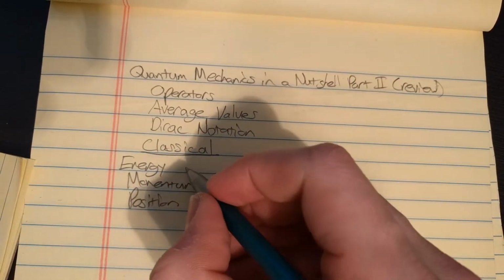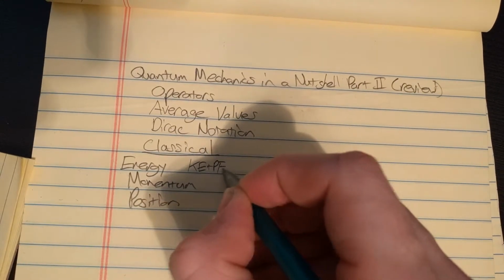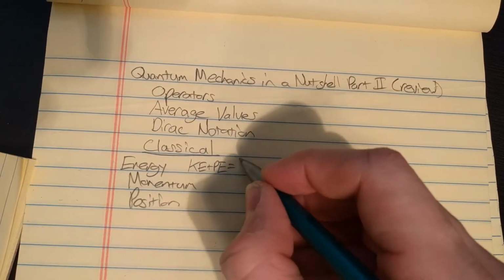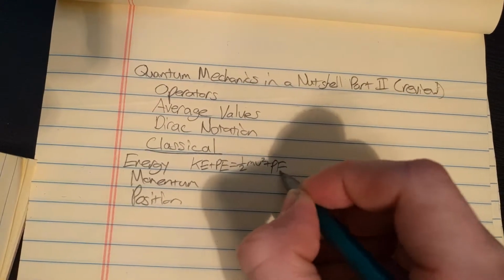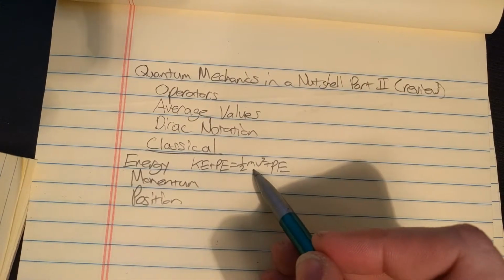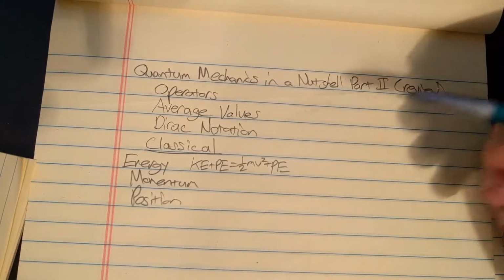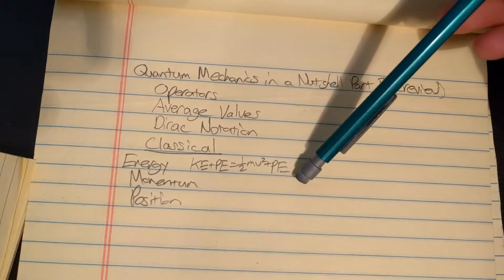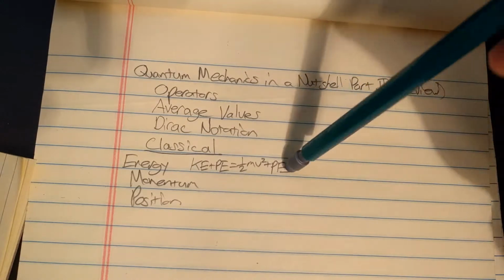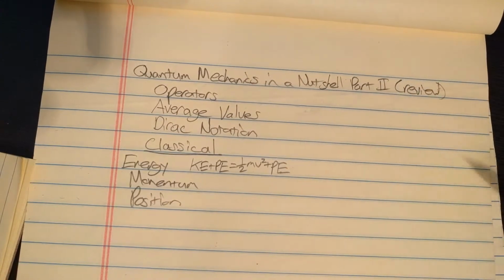Energy we would usually write as the kinetic energy plus the potential energy, or half times the mass times the velocity squared plus the potential energy. Your kinetic energy is always going to be this for one particle, but your potential energy varies depending on what field you're in. If you're in a gravitational field, you'll have the gravitational potential energy. If you're experiencing an electric field, you'll have the Coulomb potential energy.